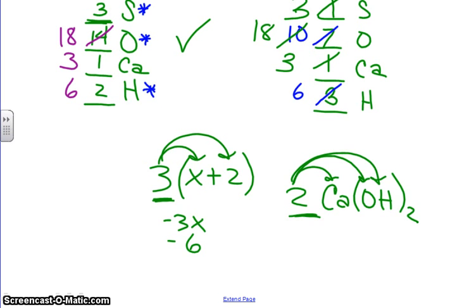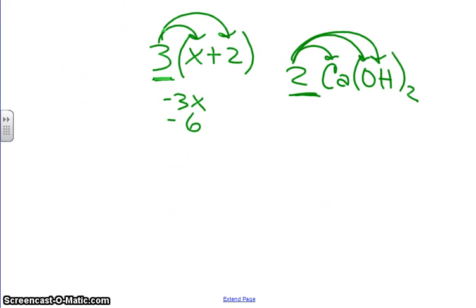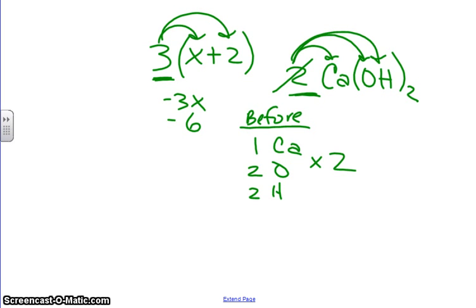What does it do to the subscript? The subscript doesn't change. However, if we looked at the before, so this is before you added the 2. Before, without this 2, we had 1 calcium. How many oxygens? 2, because this subscript is telling you how many. So we had 2 oxygens and we had 2 hydrogens. But we're going to multiply all these by 2.